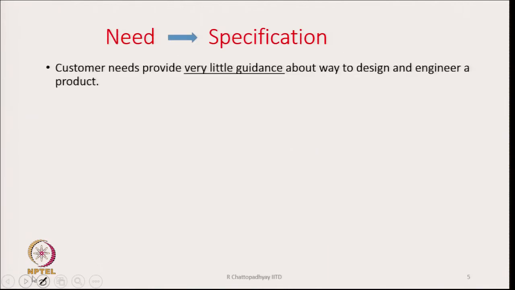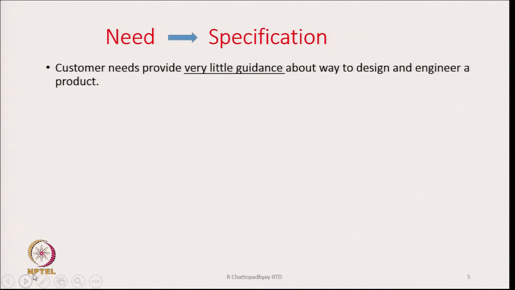Now, the most important aspect is translating the need into specifications. Customer needs are basically provided in layman's language, and therefore give very little guidance about the way to design and engineer a product.